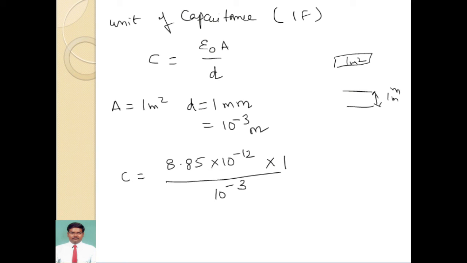So I am going to have the value 8.85 into 10 power minus 9 farad. For an area of cross section of 1 meter square and a distance of separation of 1 millimeter, the capacitance value we got is 8.85 into 10 power minus 9 farad. Okay, that's a very low value.